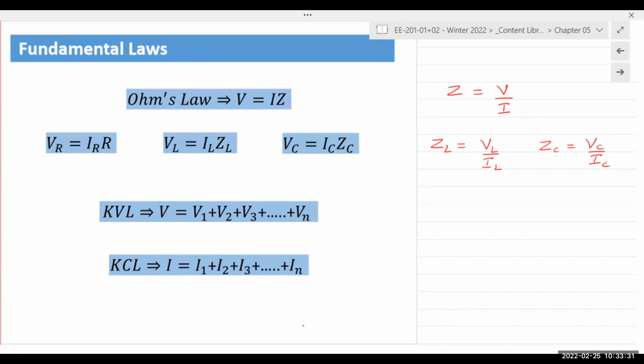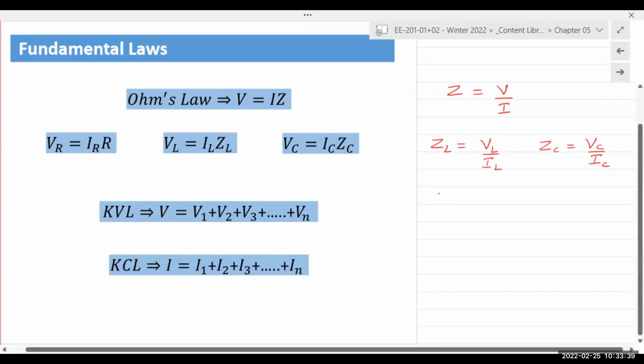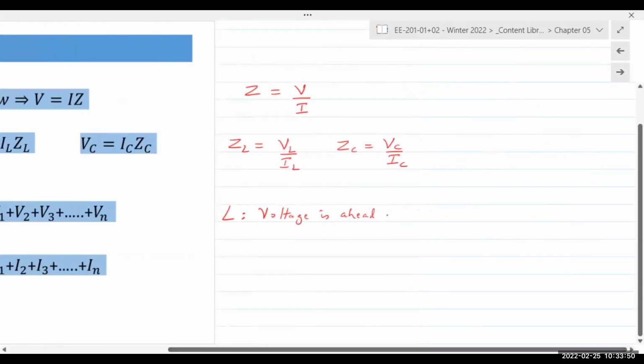Straightforward, like 3 steps. You take an AC voltage, you apply it to an inductor, and you solve for the voltage and current. And it turns out that for an inductor, the voltage is ahead of the current. Meaning the inductor voltage VL is ahead of the current IL.